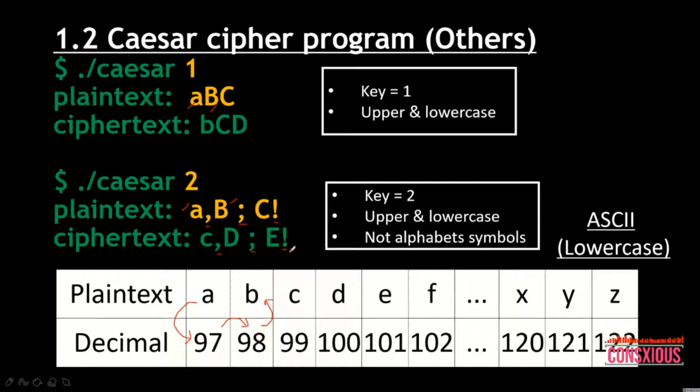So this explains that we don't have to convert the plaintext to the ciphertext when it is a symbol that is not an alphabet. So what we have to focus on here is the uppercase, lowercase, and the symbols which are not alphabets. So we have to separate these categories here.